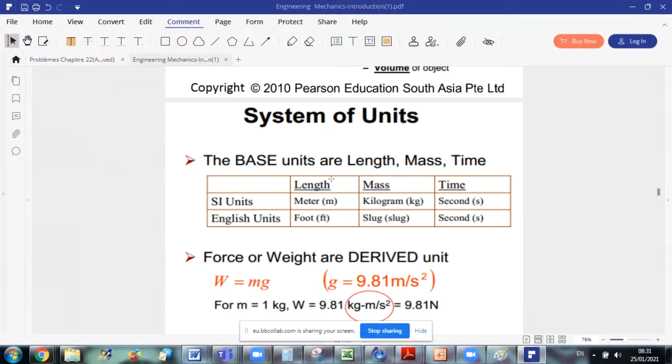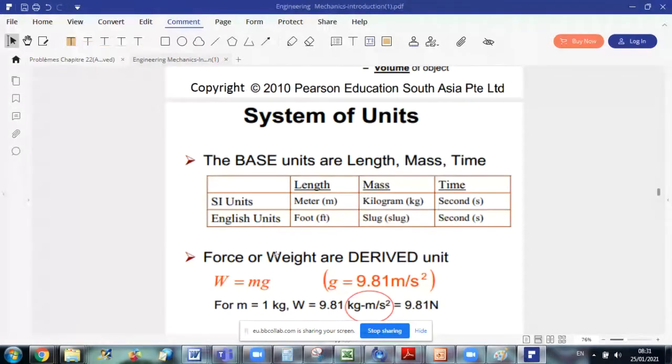While for the English units, for length it's foot, for mass it's slug, and for time it's second. If I deal with the English system, then I will use feet, slug, and lb for forces, while for the International System for forces, it's Newton.